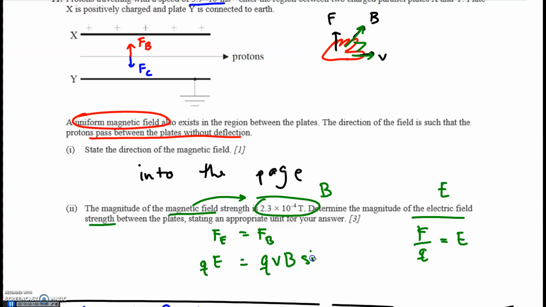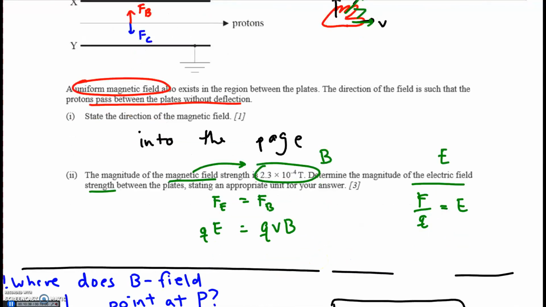So we have sine of 90. The angle is 90 between the velocity and the field. And sine of 90 is just 1. Okay, I cross out the Q's, and I get E is equal to VB.